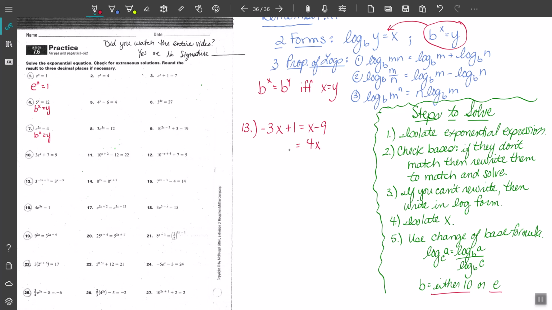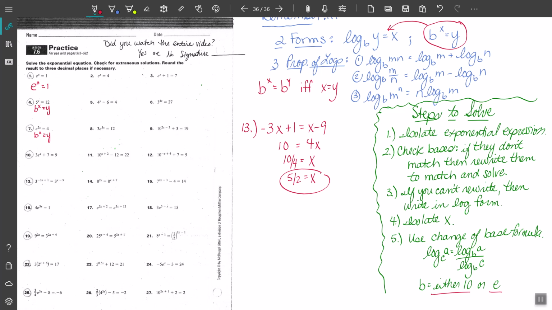We'll end up with 4x on this side, 10 on this side, for an x of 10 fourths, or reduced, 5 halves. And that's it for that problem. When the bases match like that, it becomes pretty easy, because all we have to do is take those two exponents and set them equal to each other.